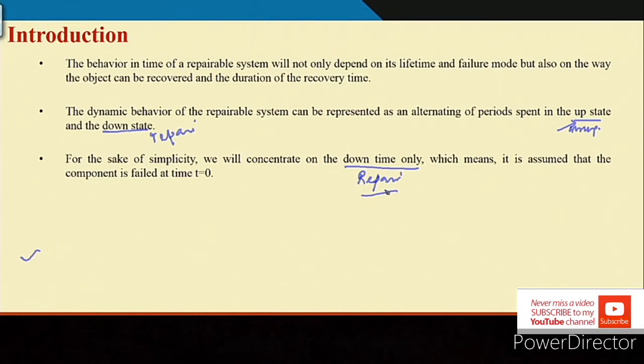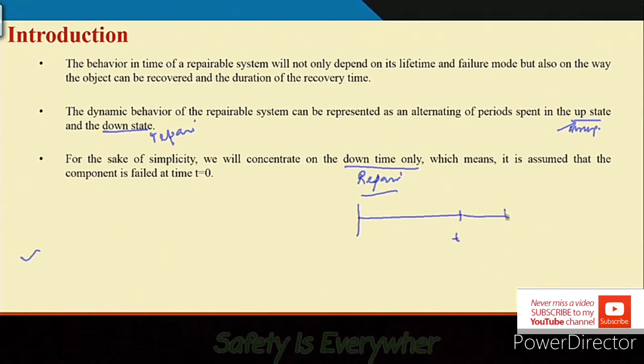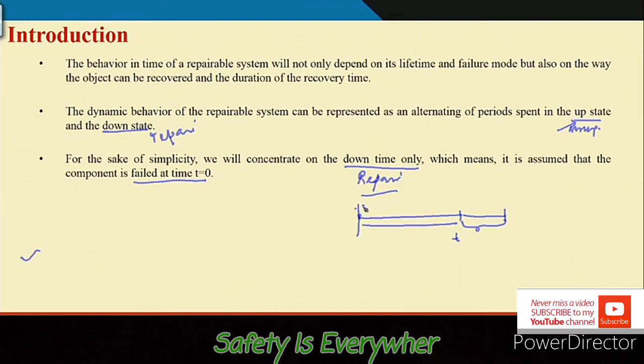Suppose the component starts working here and after time t it fails, then this is the repair time. We will be interested in this, not the working part. That is why we will assume that the component failed at time t equal to 0. It may not be, but what we will do is shift the origin to here and start at t equal to 0. That is the assumption.